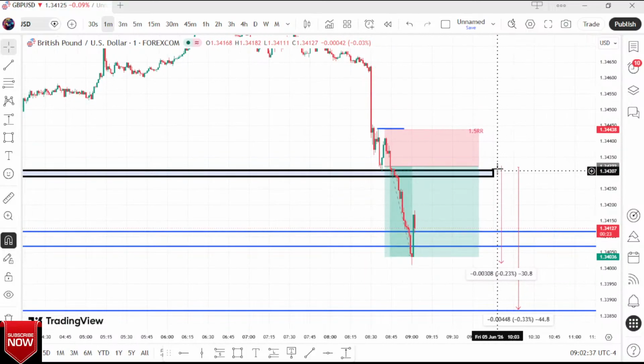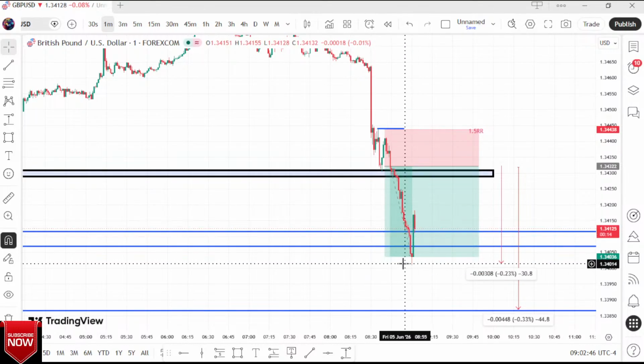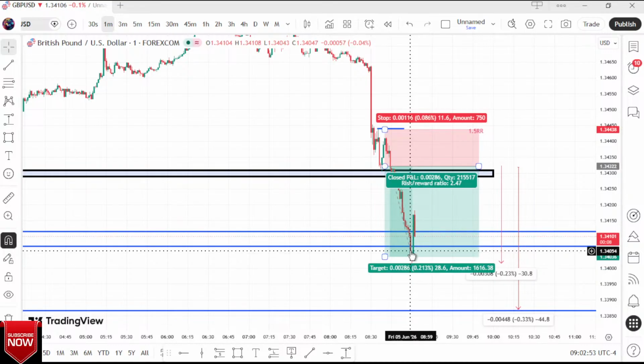But if it doesn't, it has already moved another 30 pips to those sell side liquidity that I marked. Same to those. It can go down, take out those sell side liquidity again, this swing low, then you see.